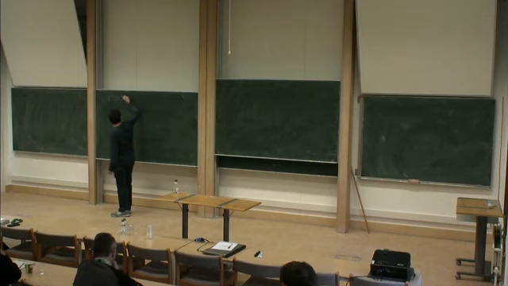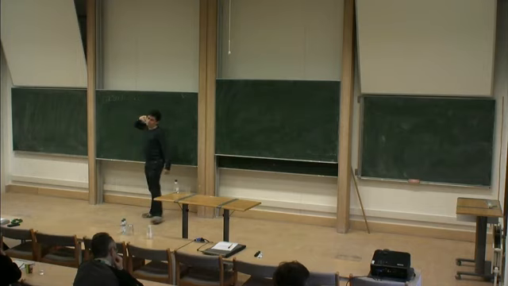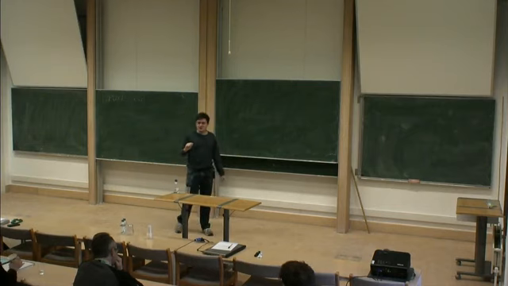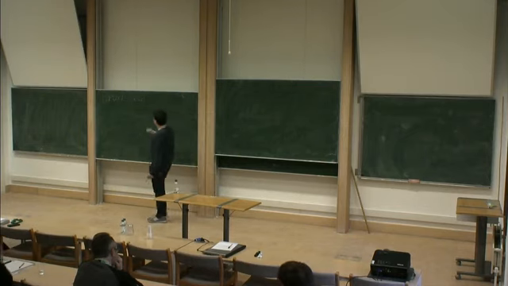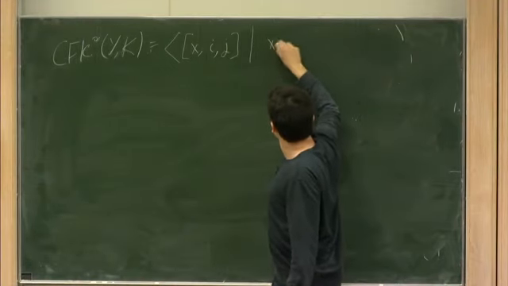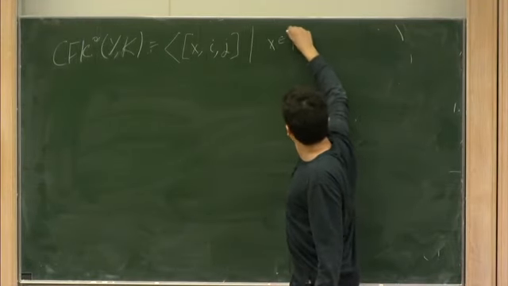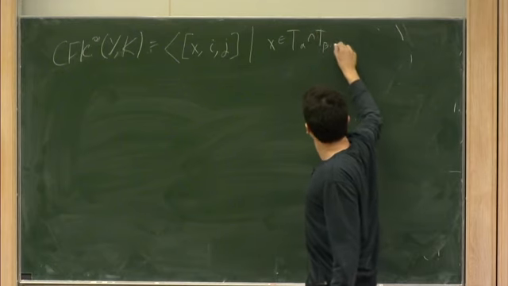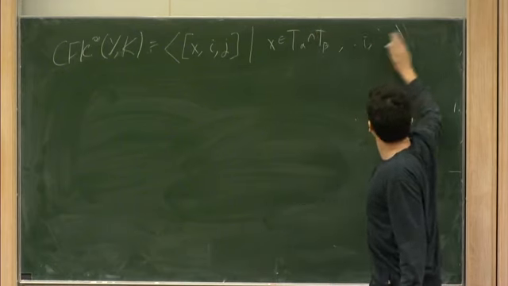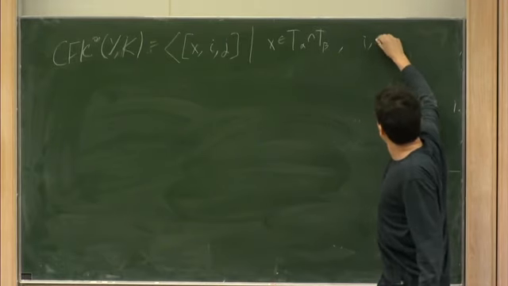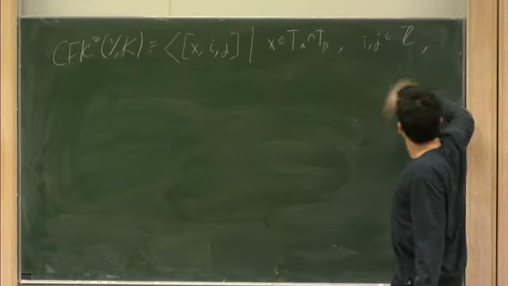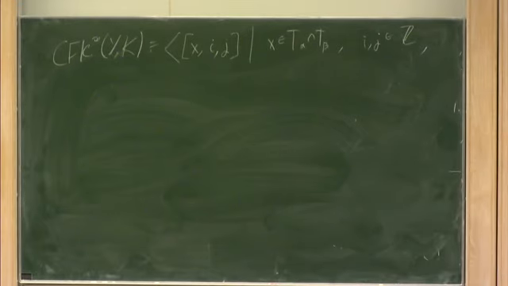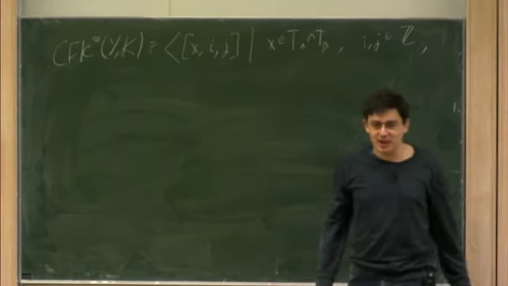So this is going to be generated by triples of a generator x and two numbers now, okay? Except that they're not really independent of each other at all.